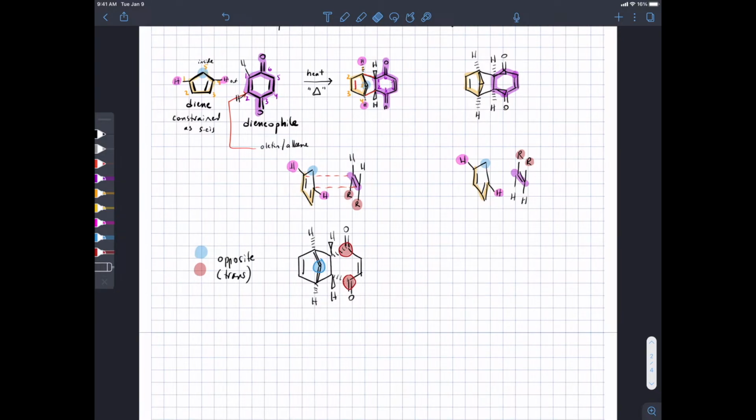If blue and red are opposite to each other, we call that the Endo Diastereomer. In contrast, if blue and red are on the same side or cis to each other, then we call that the Exo Diastereomer.